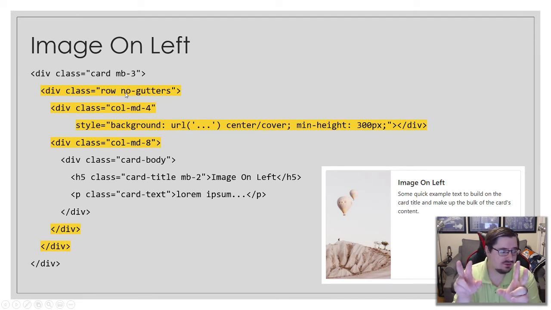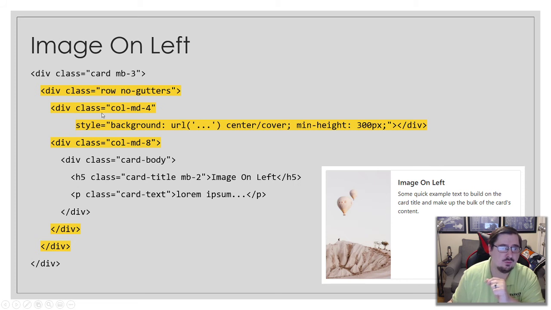I have this class no gutters. Now, by default, whenever I'm using the grid system, there is some space between each of the columns, which is called the gutter. But in this case, I don't want that gutter space because it creates some odd behaviors. It creates too much extra space between the image and the body of the card.